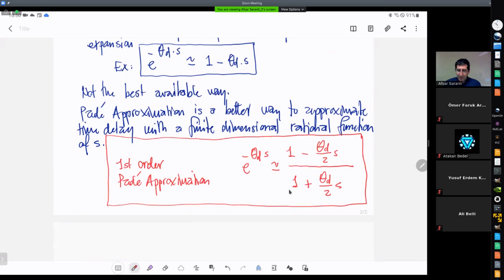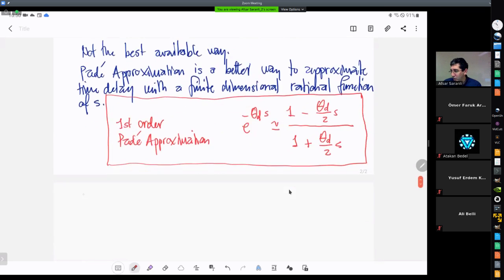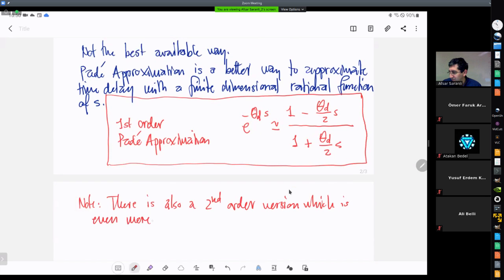Okay. Note, there is also a second order version which is even more accurate. But we will focus on the first order for our purposes.